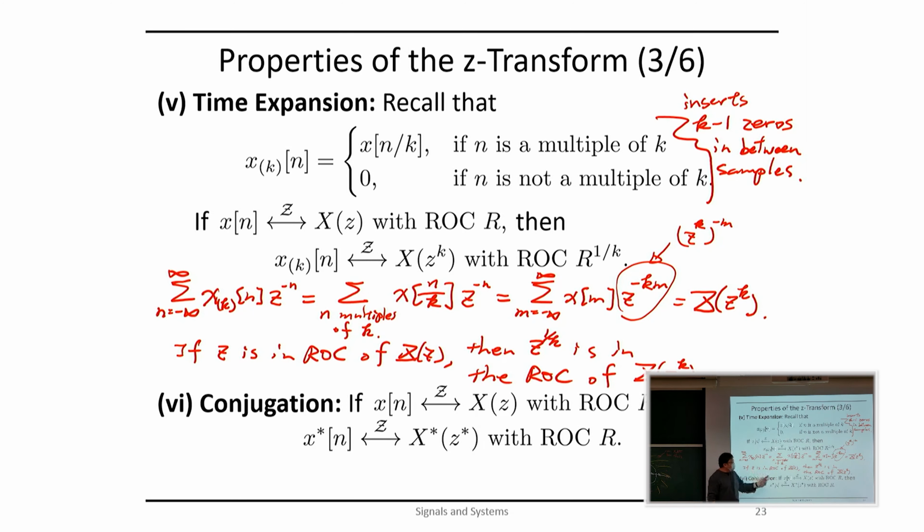So if z is in the ROC of x of z, meaning that if you plug z into x, x of z gives you a finite value, it converges. Then if you plug in z to the power 1 over k inside here, you also get x of z, which is known to be a finite value. So this is why the ROC of this transform includes all the values in the original ROC, but to the power 1 over k.